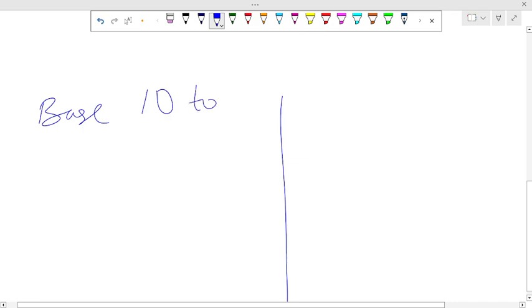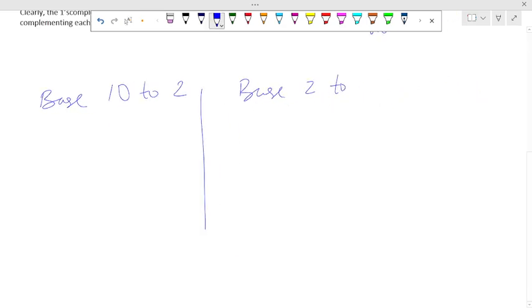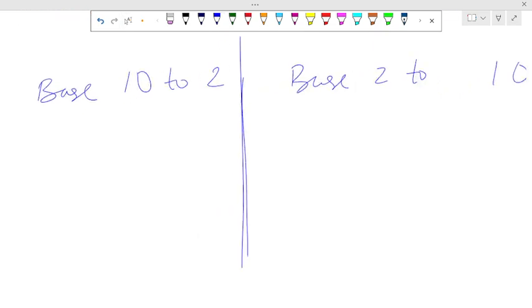Let me put this in 2 columns: base 10 to base 2, and base 2 to base 10. On this side, we're going to convert from base 10 to 2.